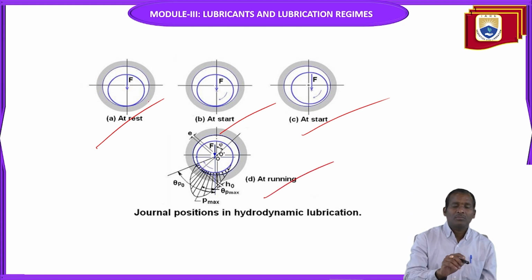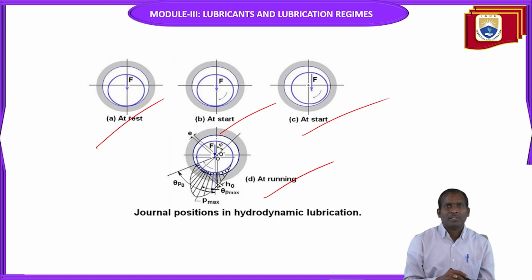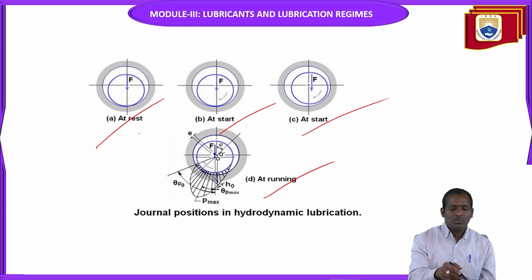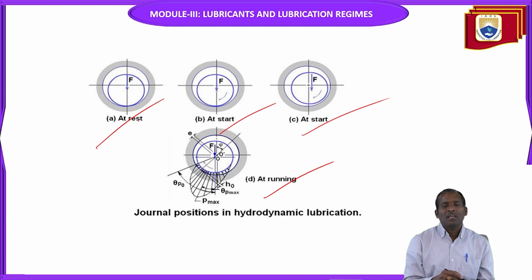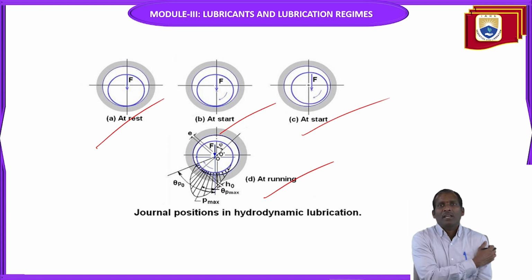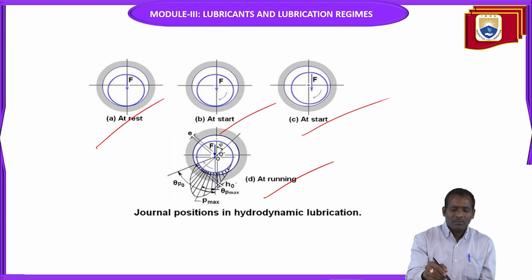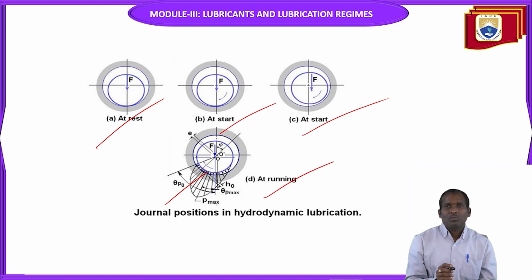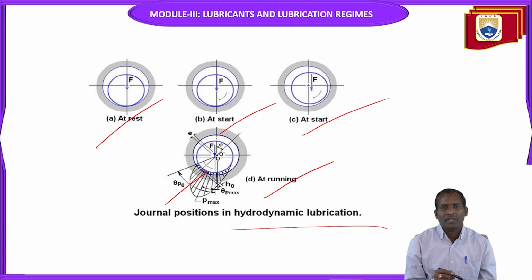There is no oil separation between these two contact surfaces at rest condition. After the start condition, slowly increasing the speed, and then at full speed, the wedge film lubrication formation is there. So that's why two mechanisms are involved in this hydrodynamic lubrication. One is wedge film lubrication, and the other is squeezing.